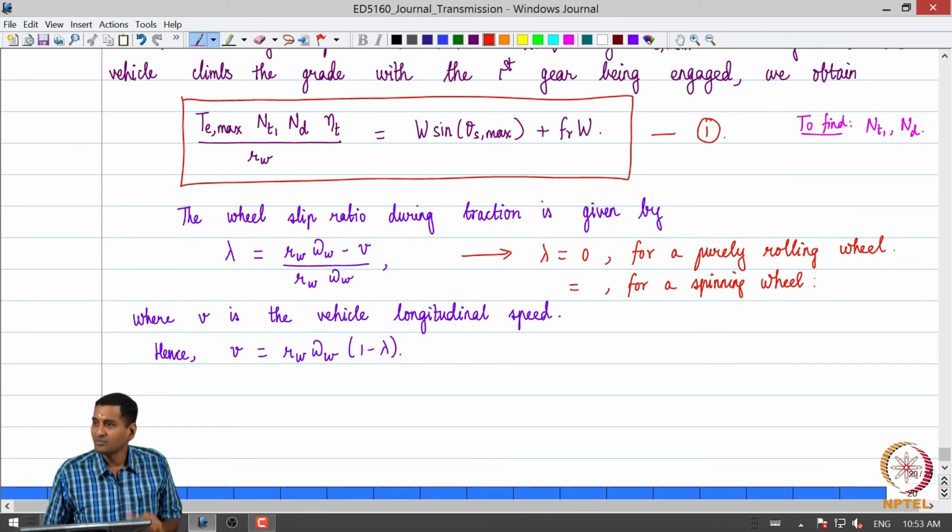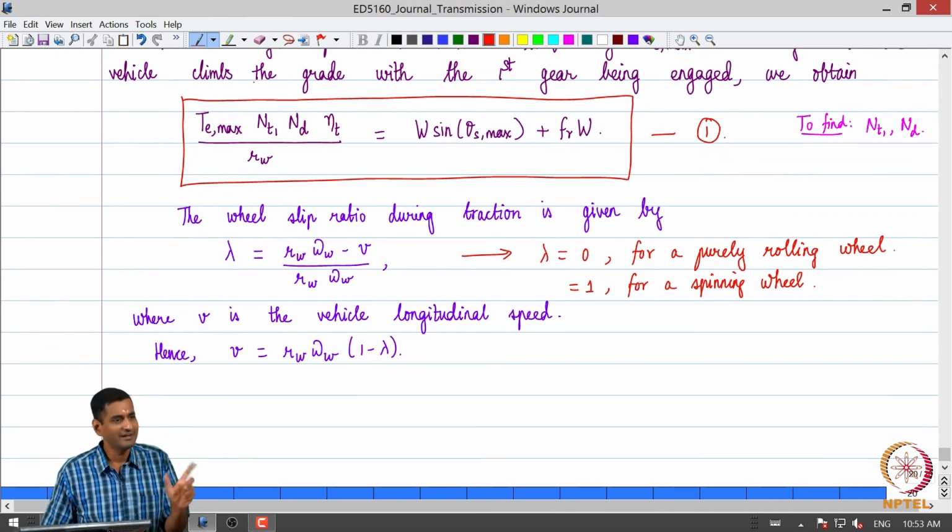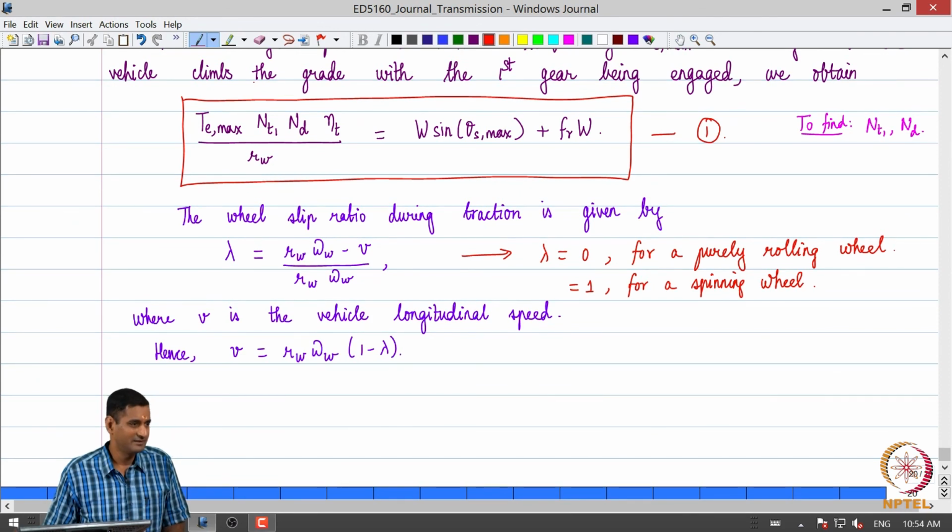So lambda tends to almost 1. That is why during traction the definition of lambda is chosen in this manner, so that its value remains between 0 and 1. That is the motivation behind the choice. So that is the slip ratio. We will also come back to this when we deal with braking, and see how it is defined during braking and what its impact is.